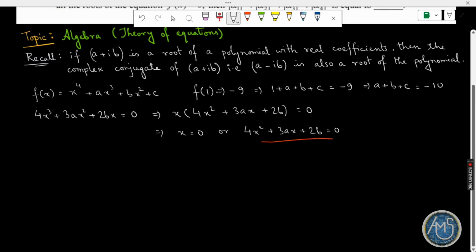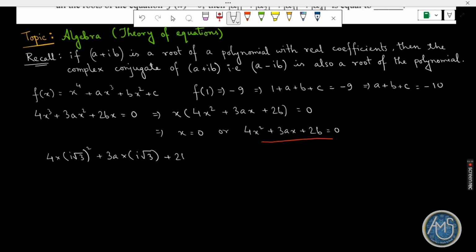So let's put the value. After putting the value, we will get, the first one I am showing, the second I will write directly: 4 into i root 3 whole square plus 3a into i root 3 plus 2b equals 0, which implies -12, because i square is -1.